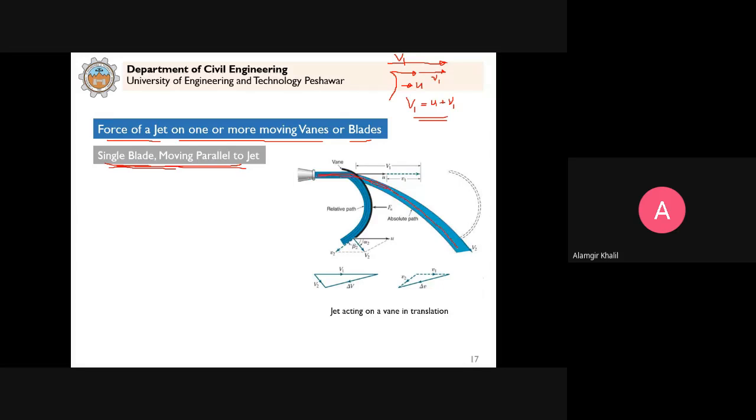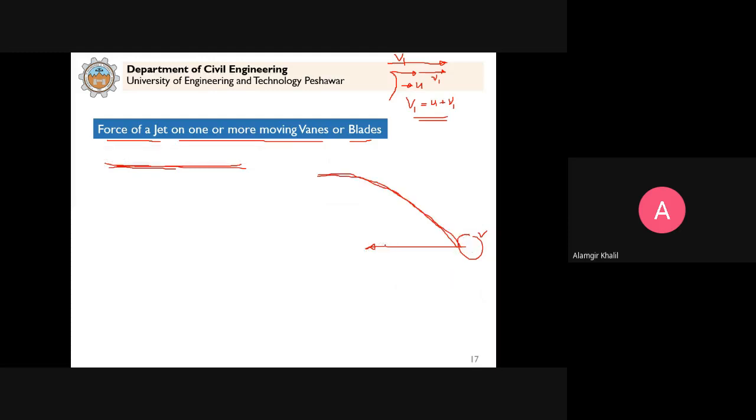This is how it will look to the observer. That's why at exit we have this absolute velocity v2. To complete the triangle, we slide this here and bring it here, and we show this velocity v2, which makes the angle alpha 2 with u.